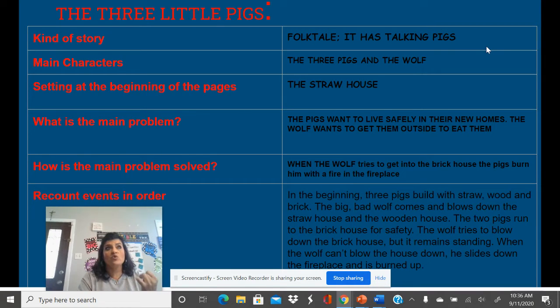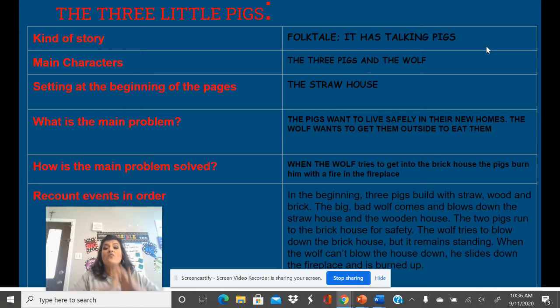He blew down the straw house and the stick house, and then they went to the brick house, to the last pig, right? So how was that problem resolved? Well, he tried to blow down the brick house, but he couldn't, right? So then he went to the fireplace, and that's when he got burned, right?